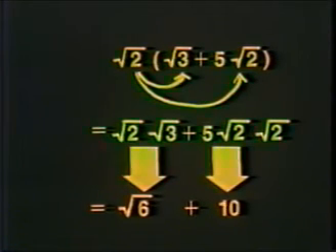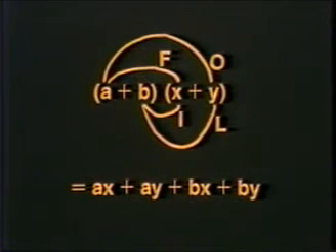Be sure to notice that the square root of 2 times the square root of 2 is 2. We saw that earlier. And 5 times 2 gives us the 10 we see in the answer. You'll also remember from other modules that we applied the distributive law to more complicated problems by using FOIL. Multiply the first, outside, inside, and last terms in that order.